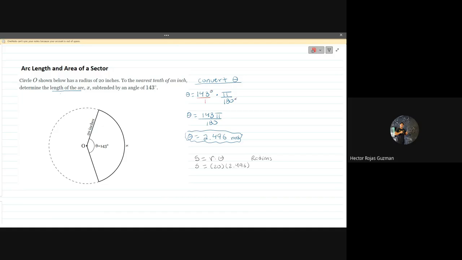Now, even though I'm only writing 2.496, when I plug it into my calculator, I'm actually going to use the whole decimal. I'm just going to copy and paste the decimal. So that's going to be 49.916. But the problem wants me to do the answer to the nearest tenth of an inch. So the arc length is 49.9 inches.